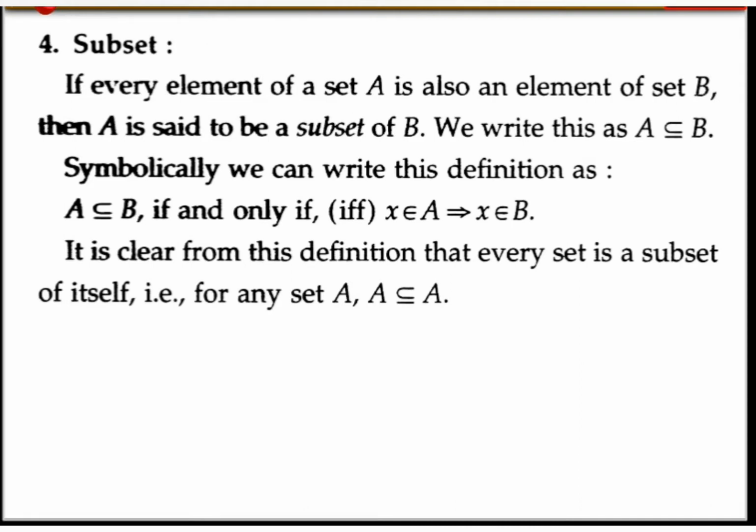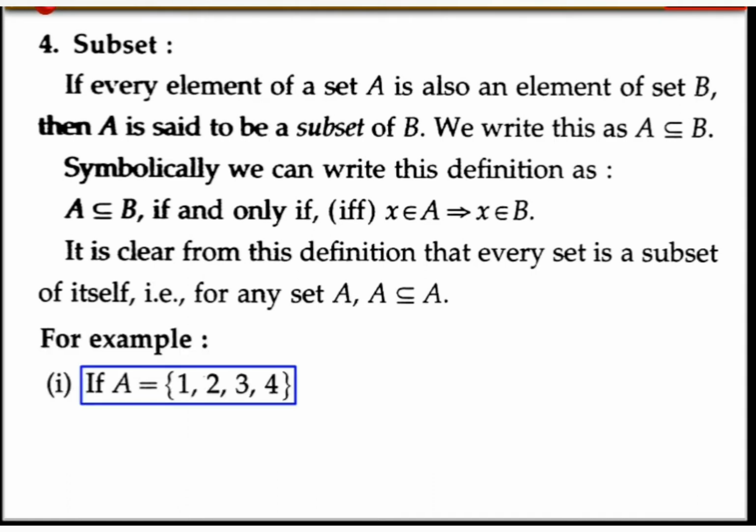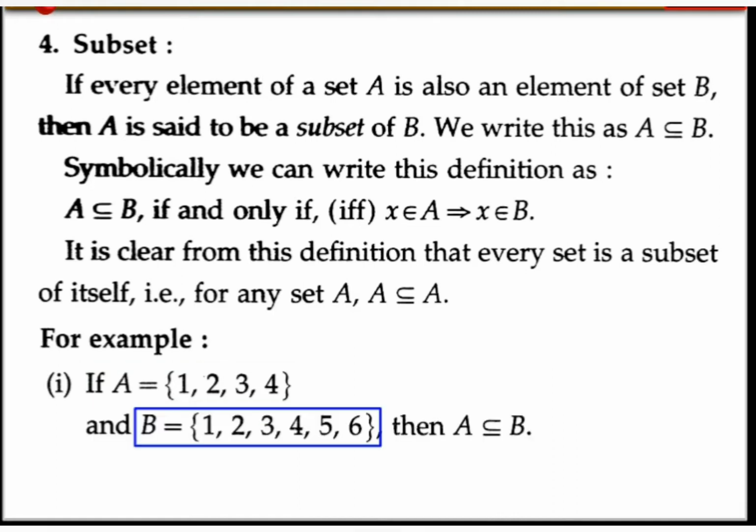That is, for any set A, A ⊂ A. For example, if A is set of 1, 2, 3, 4 and B is set of 1, 2, 3, 4, 5, 6, then A is subset of B.